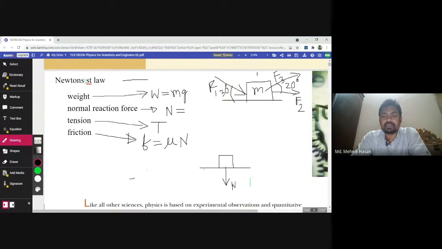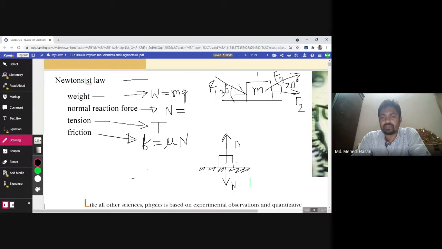And if this object is on a surface, either frictional or non-frictional, then there is a reaction force in the upward direction, which is called the normal reaction force, or the reaction force by the floor on that object.